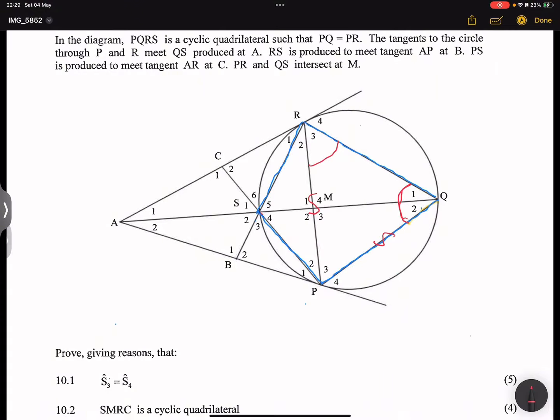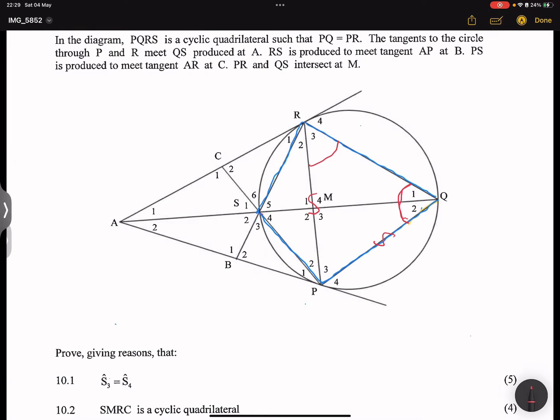So there we see them. And they say RS is produced. Okay, so note, when they say a line is produced, it means it forms a straight line, right? To meet AP at B, and PS is produced to meet AR at C. Now PR and QS intersect at M.